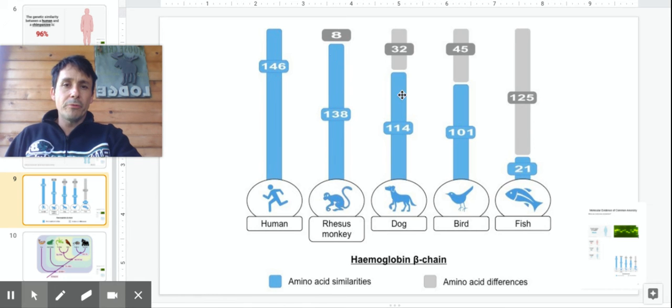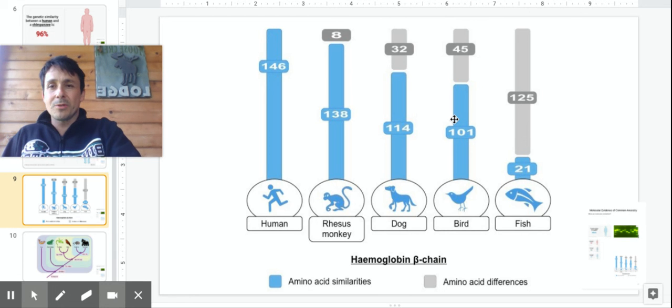As you move further and further away in relationship, you're going to notice that we have 32 different with a dog, 45 different in our hemoglobin chains with a bird, and 125 different when you take a look at a fish. And that makes a lot of sense too, because fish lives in a completely different niche, having to extract oxygen from the water, which probably has to change the structure of the hemoglobin quite a bit. So again, not just specific to DNA. Sometimes we're talking about amino acids and proteins too.